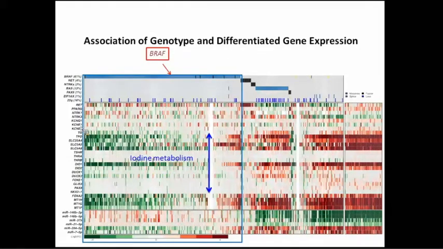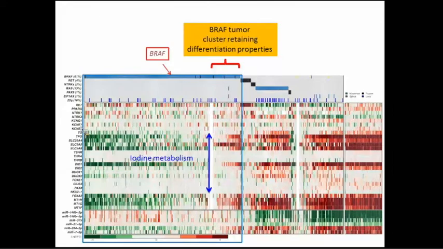Now, we knew this partially, but this gave us a much more integrated perspective of this. By contrast, if you look at tumors that harbor either RAS mutations or RTK fusions, they have comparatively preserved expression of these genes.